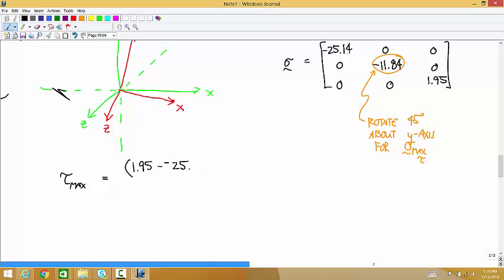So 1.95 minus negative 25.14, divided by 2. What do you get for 27.09 divided by 2? 13.54.